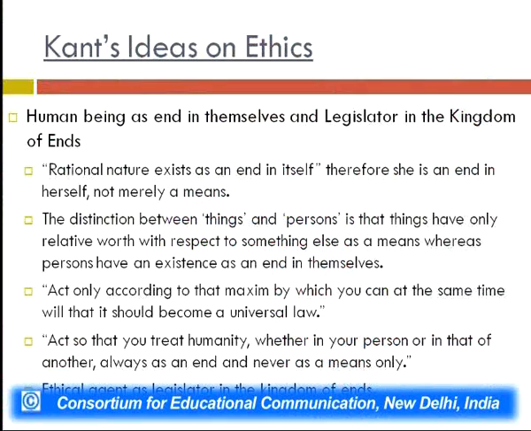Another important idea that Kant discusses as a part of his ethics is that human beings should always be considered as an end in himself or herself. So, he says human beings are always ends in themselves, and a human person who is performing an action is a legislator, therefore, in the kingdom of ends.